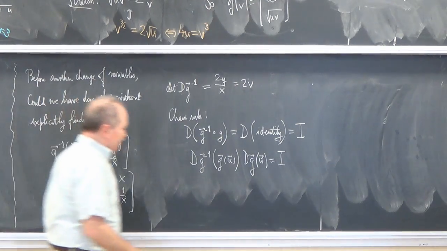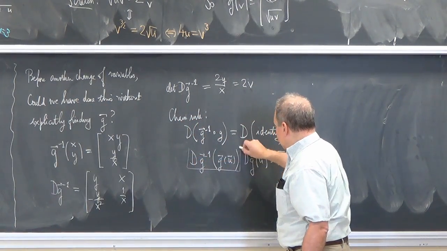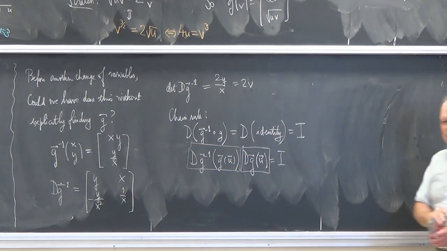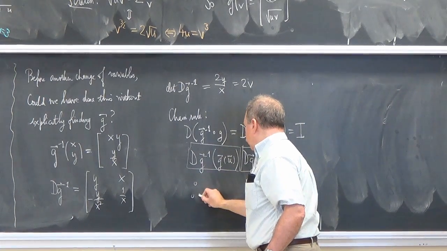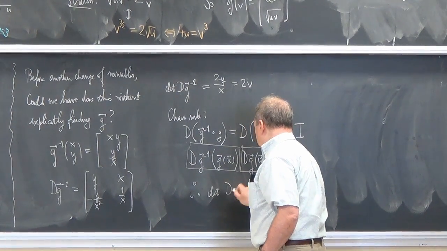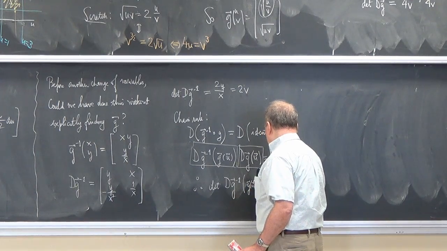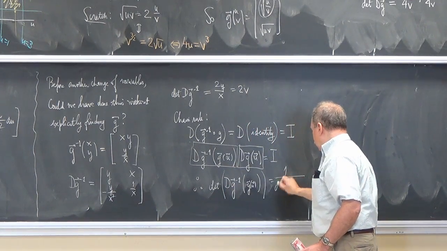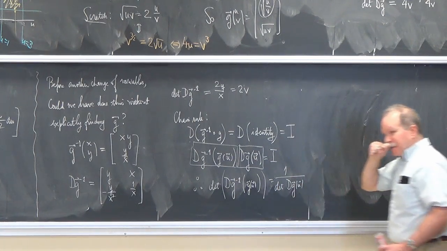So what does this say? The determinant of this times the determinant of this is 1. So is that what we actually just did here?